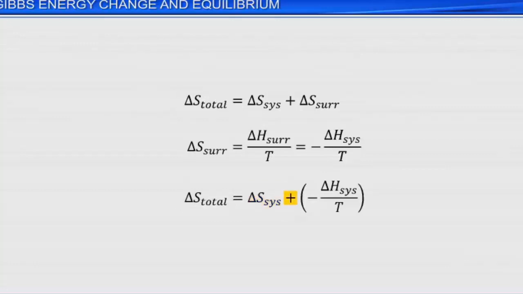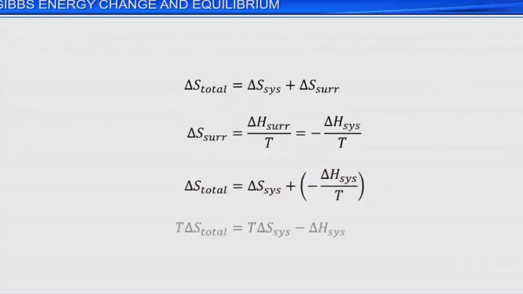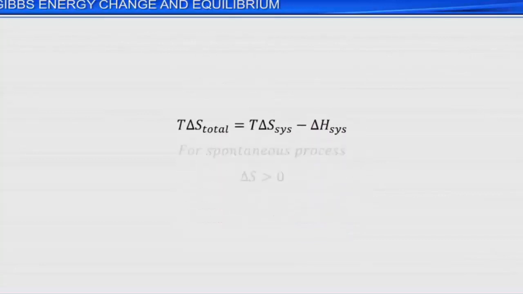On multiplying both sides with T, we get T delta S total equals T delta S system minus delta H system. But we know that for spontaneous processes, change in entropy delta S is greater than 0. Thus, we can rewrite the equation as T delta S system minus delta H system is greater than 0.